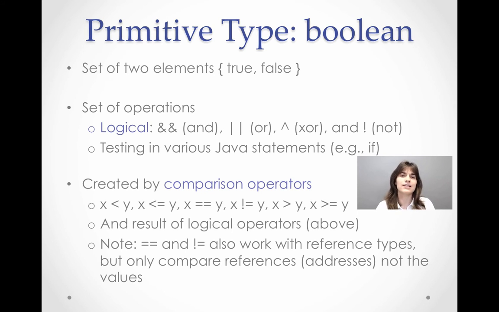However, the results may be surprising. And this is because when we compare variables that are of reference type, we're comparing the addresses, not the objects. We're comparing whether or not these references are referencing the same object, not whether those two objects have the same values. More on this later.